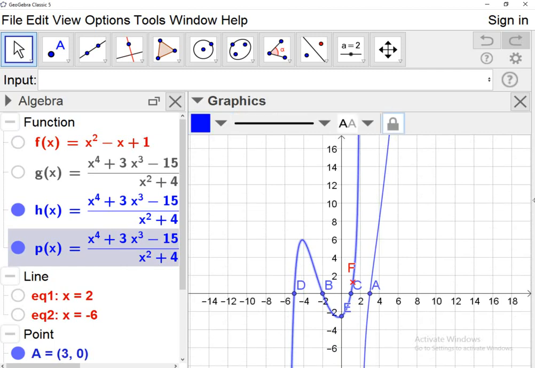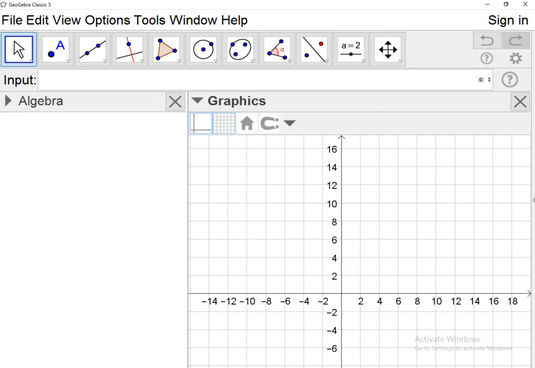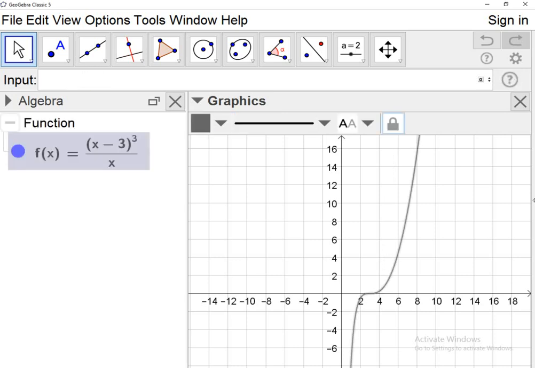Okay. And if we look at something like, let's just go x minus 3, raised to the third, divided by, let's say, x minus 1.